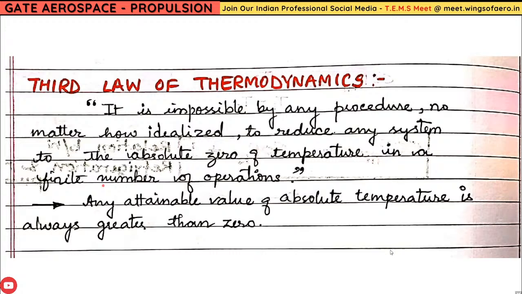Here it says that it is impossible by any procedure, no matter how idealized, to reduce any system to an absolute zero of temperature in a finite number of operations. So can you tell me what is meant by absolute zero? Anyone?